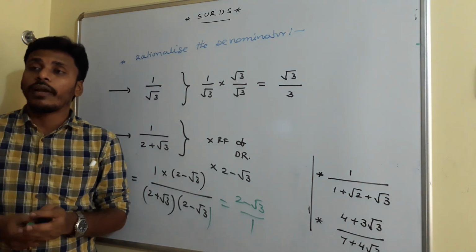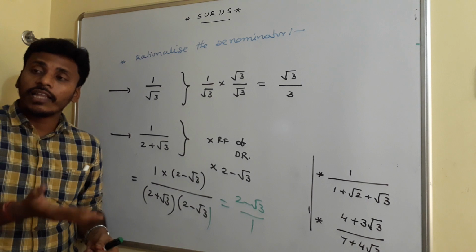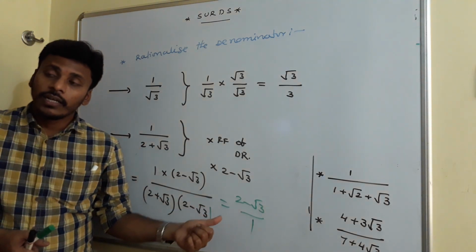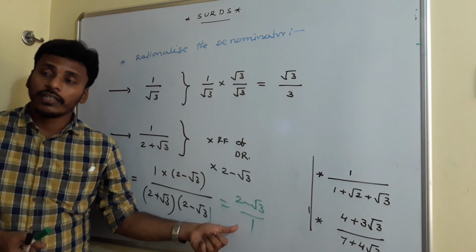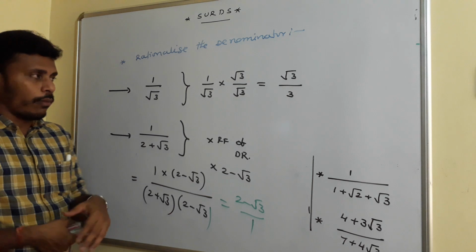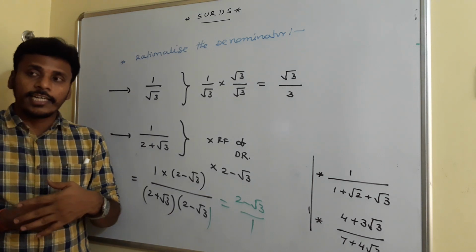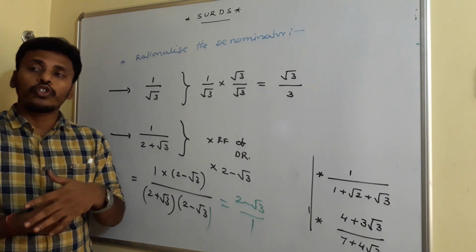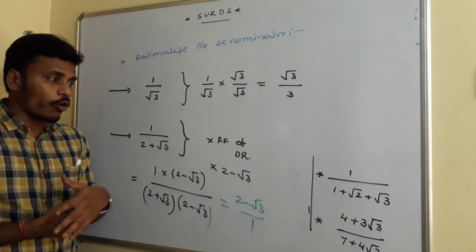So rationalizing the denominator means you need to keep the value the same for the given problem as well as your answer, but the denominator should be rational in the answer. So to rationalize the denominator, the only technique we have is to multiply both numerator and denominator with the rationalizing factor of the denominator.